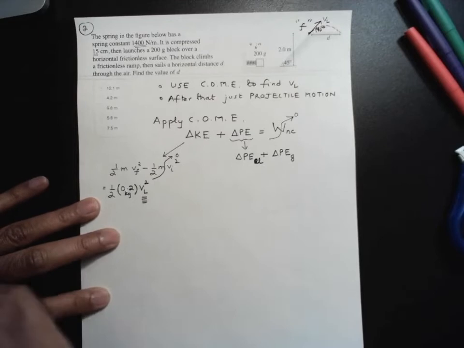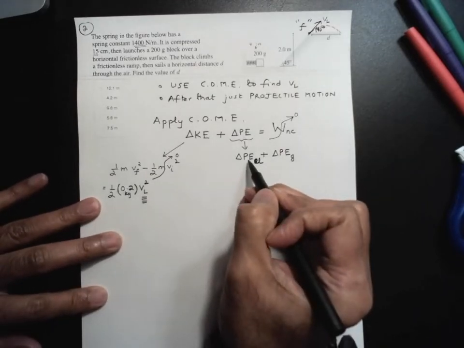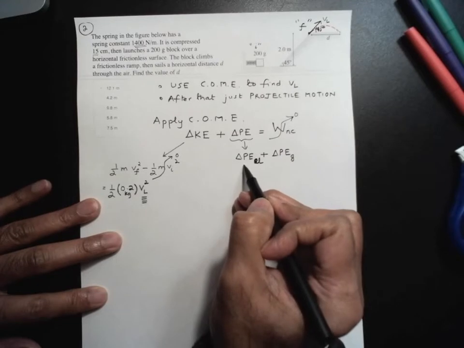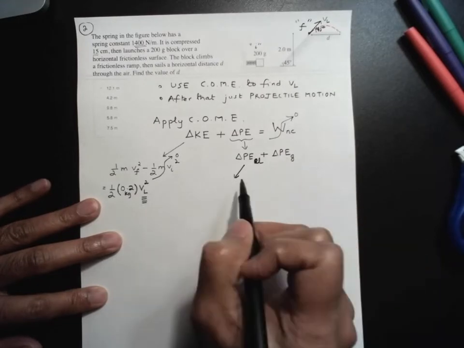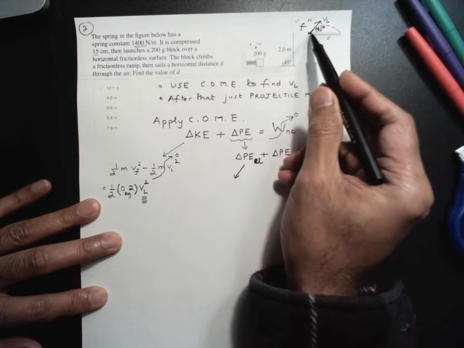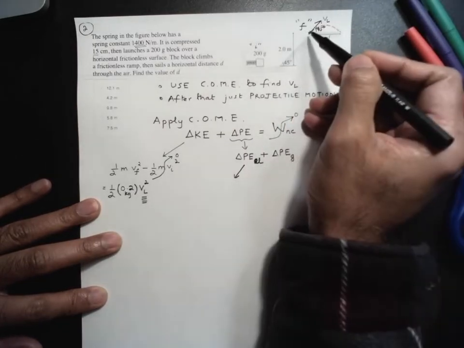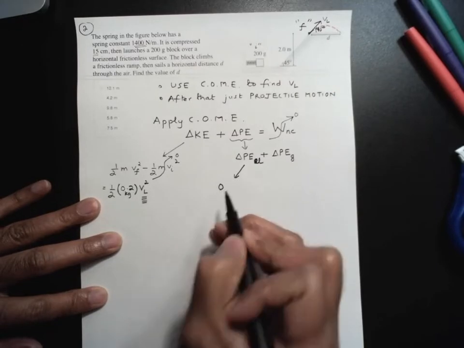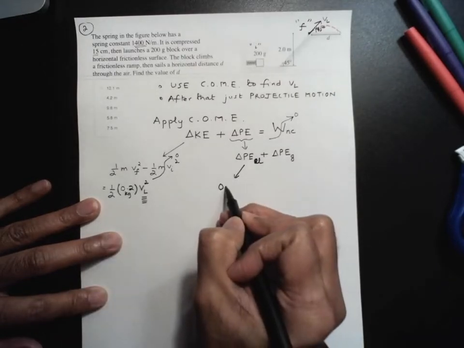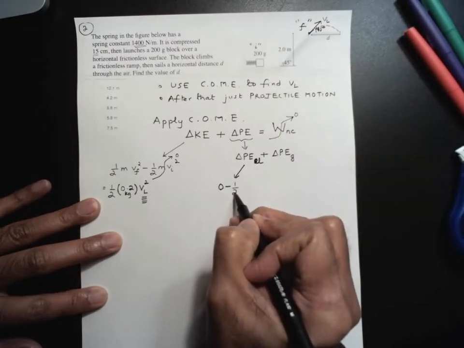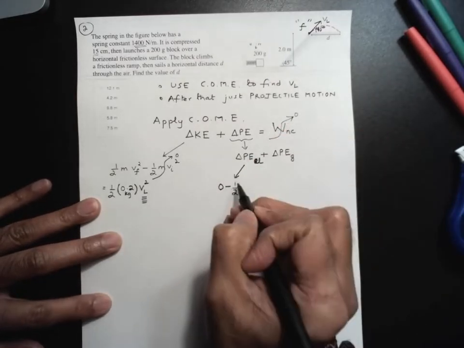So what's the change in elastic potential energy? Well, in the beginning you had potential energy, and in the end you did not. There's no spring at the end. So the final elastic potential energy is 0, and the initial elastic potential energy is 1/2 k x squared.